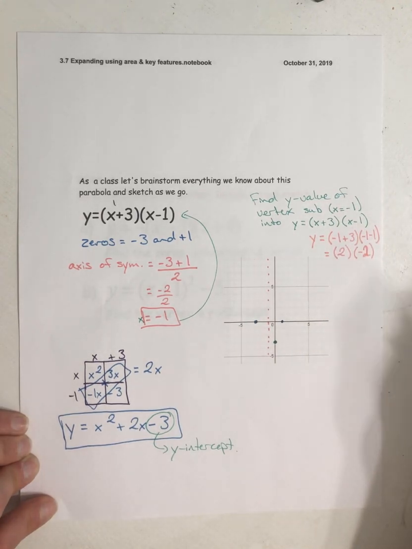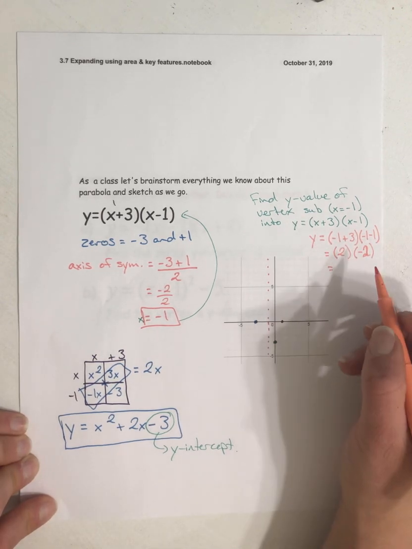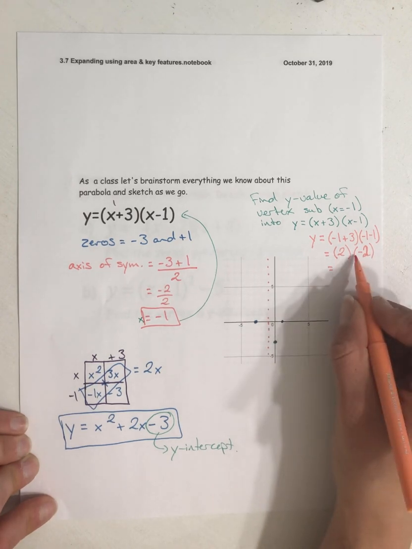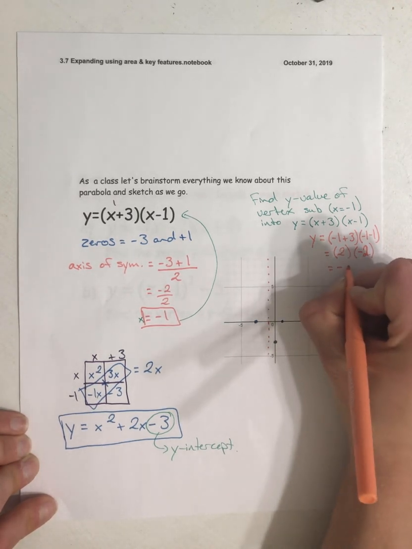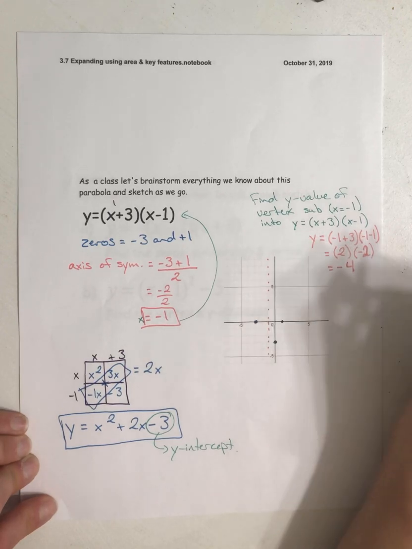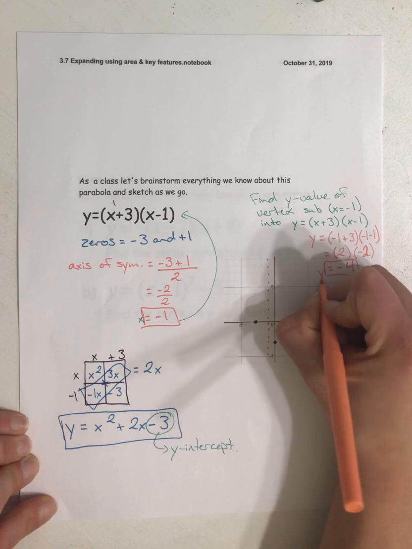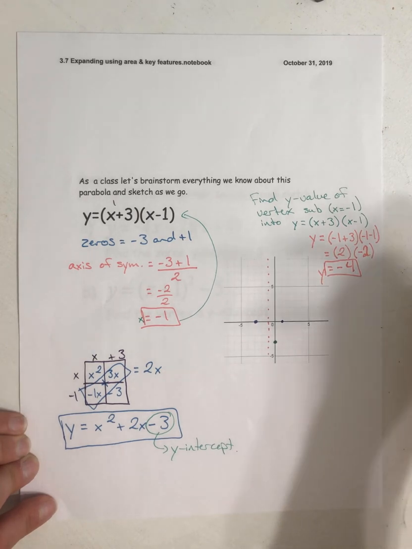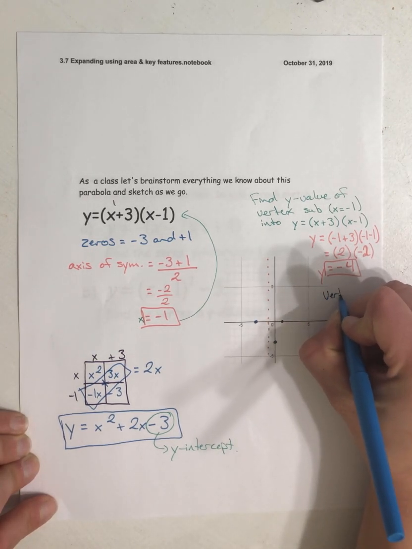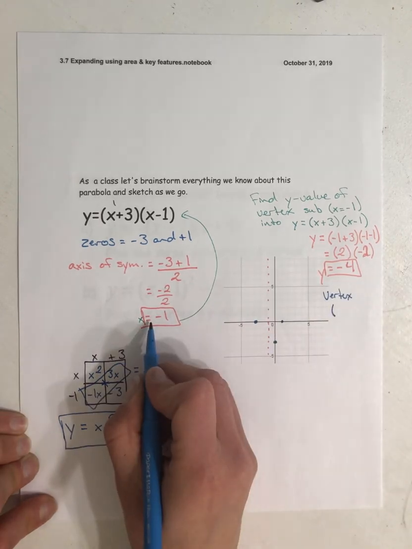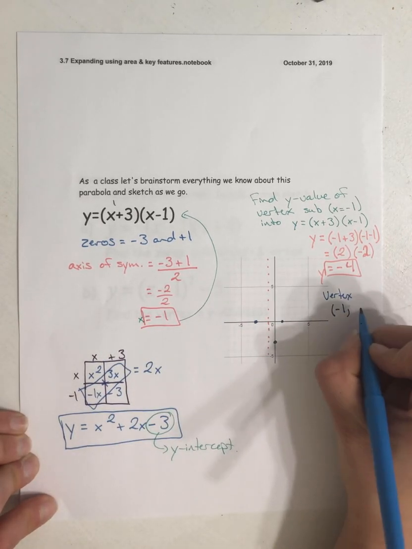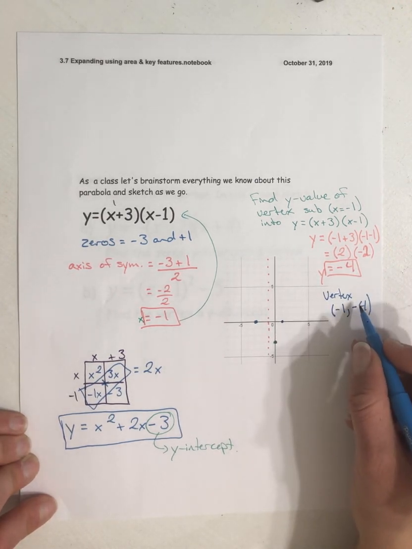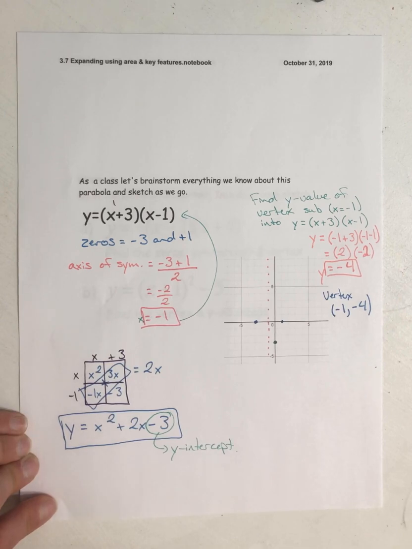And then, because they're in brackets, they multiply by each other. So 2 times -2 gives us -4. So we now have our y value for the vertex. So our vertex is -1 and -4.